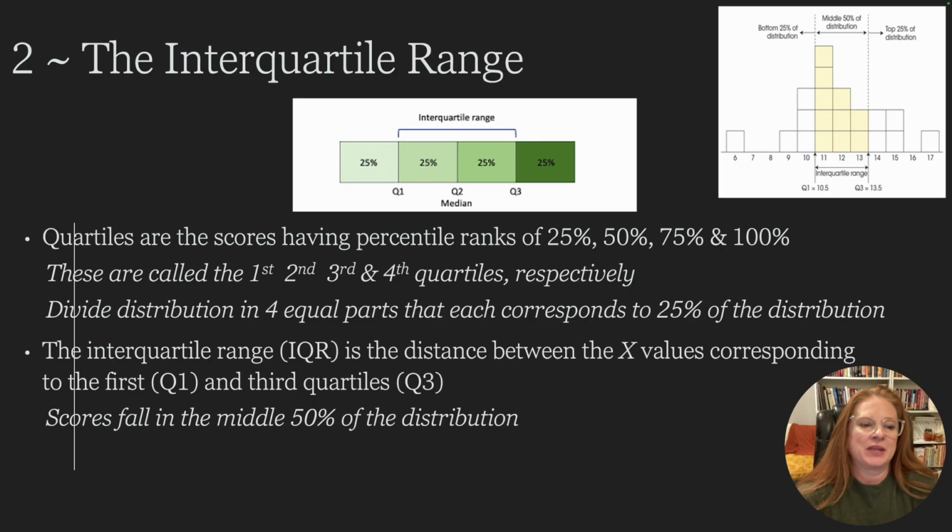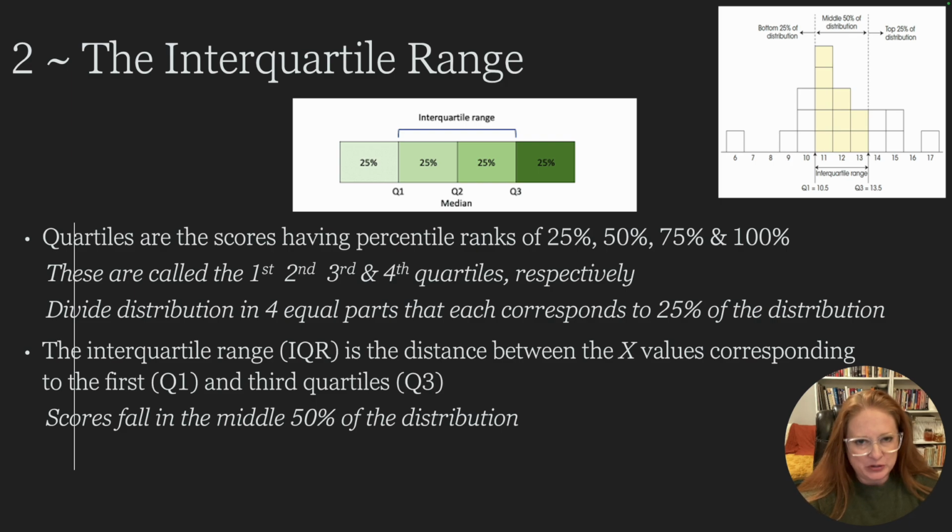Okay, number 2, interquartile range. Interquartile, think quarters, like United States quarters, like out of $1 you can get 4 quarters. First quarter, second quarter, third quarter, fourth quarter.